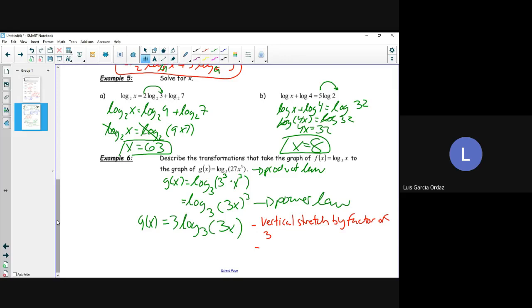You have a horizontal compression of 1 over 3. So again, we just manipulated that last example by using the different rules or laws of logarithms so that we can simplify it more.